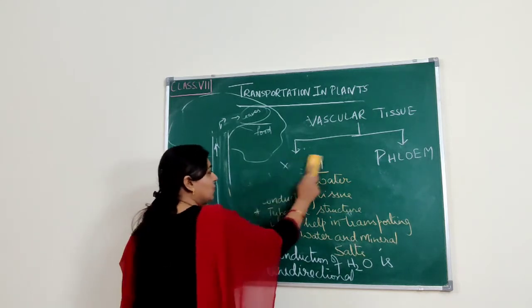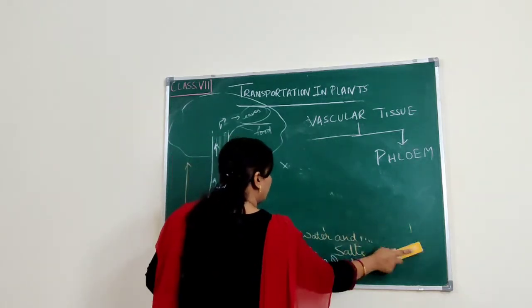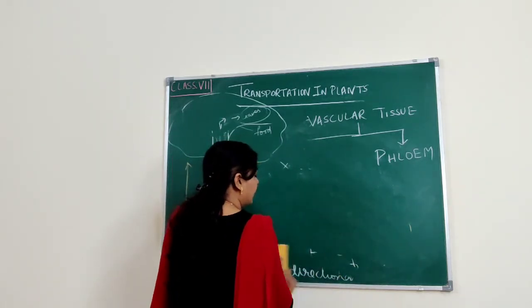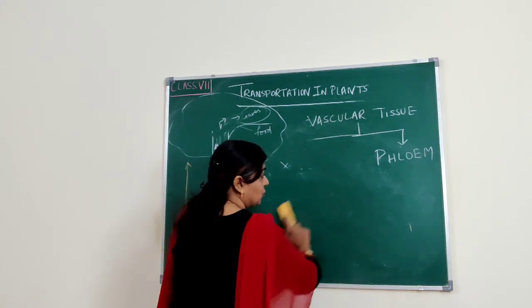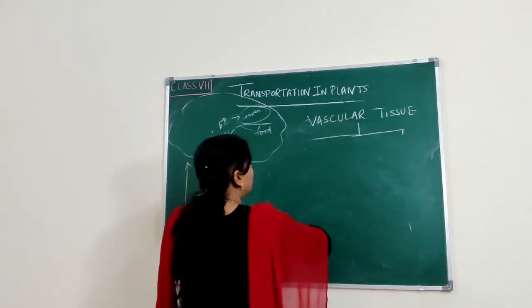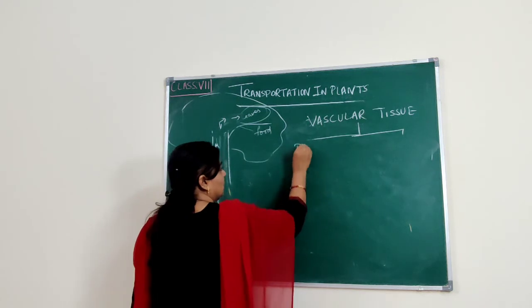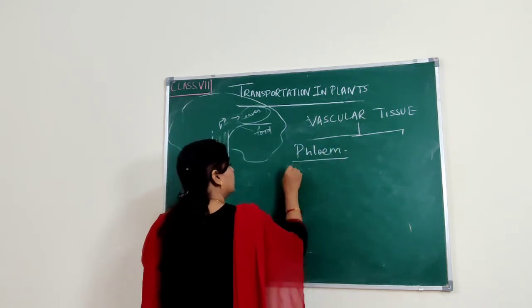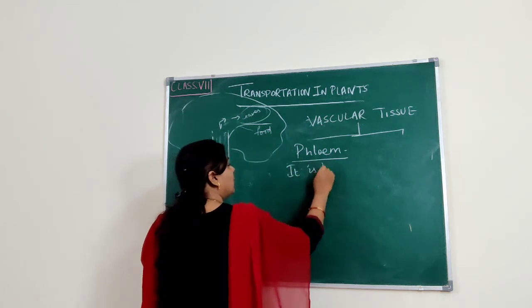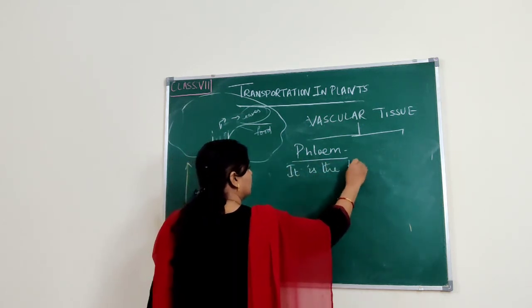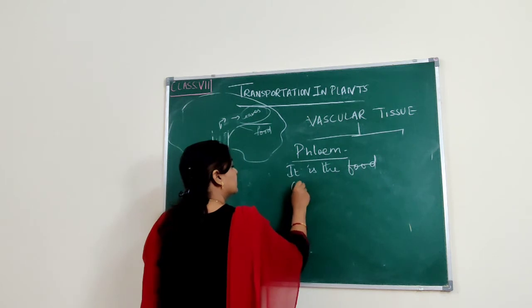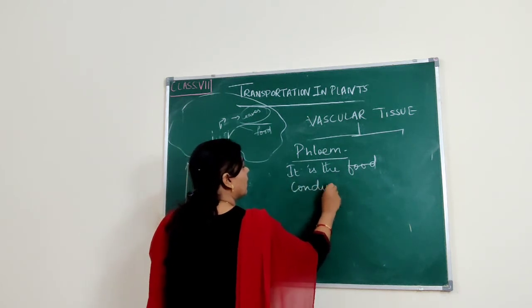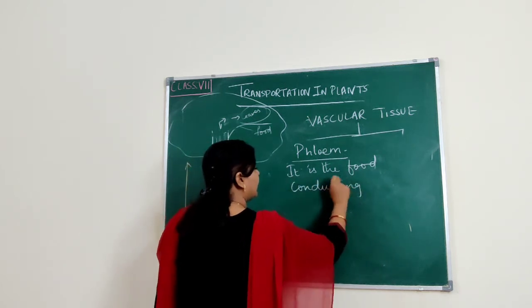Now let us come to phloem. What is phloem? If xylem is the water conducting tissue, phloem is the food conducting tissue. From where is it conducting?